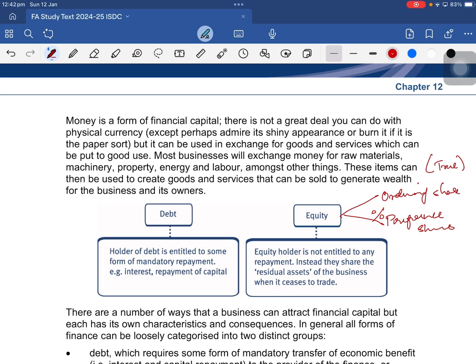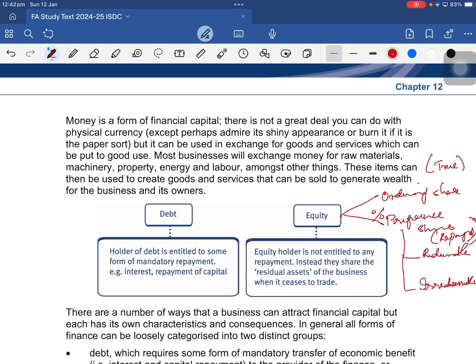Now preference shares are again divided into two: redeemable and irredeemable. Redeemable means they should be repaid. That means if they want to cancel their shares, then at the time of cancellation, we would have to pay them.